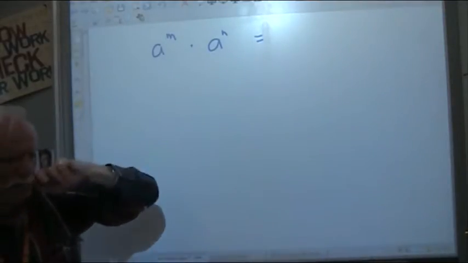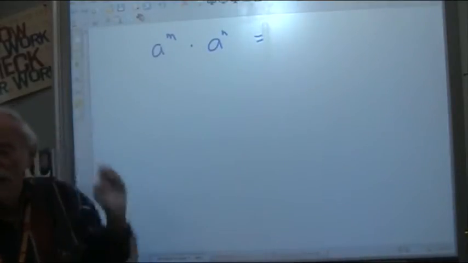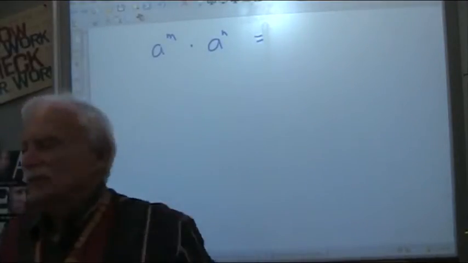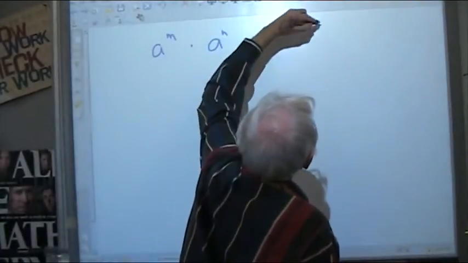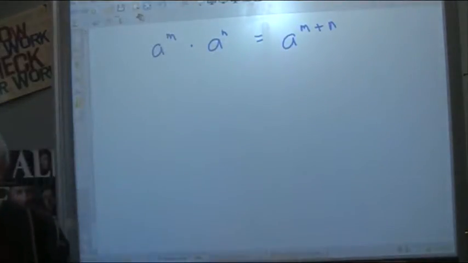What is the base? A. How many times do you observe the a? Twice. Now, when the base appears more than once and you are multiplying, what do you do with the exponents? You add them. So, a to the m plus n.